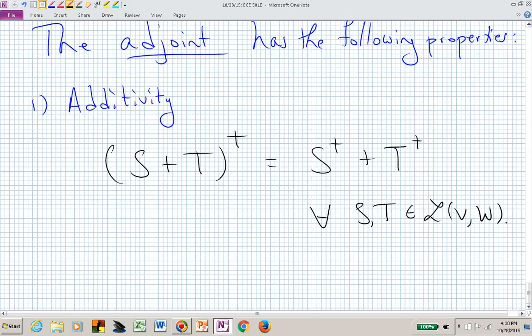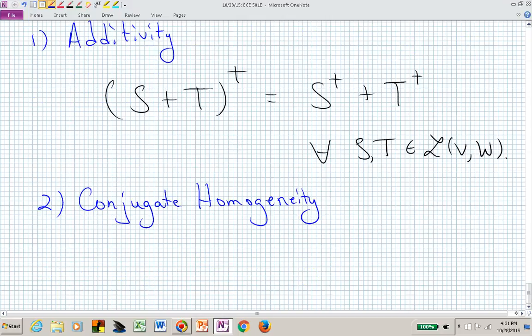I also have the property of conjugate homogeneity, which means that if I now scale the linear map T and find its adjoint, that's equal to the complex conjugate of that scalar applied to the adjoint of T.